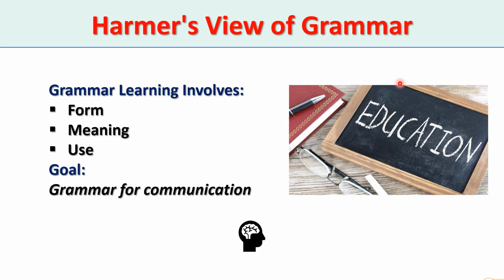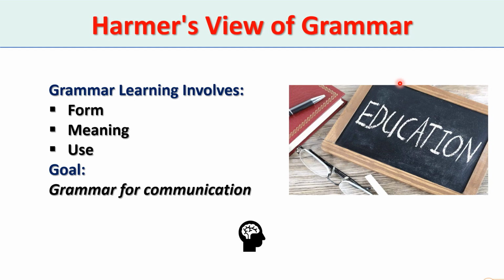The negative structure of present simple is subject plus do/does not plus base verb: the students do not read books. The question structure is do/does plus subject plus base verb: do the students read books? This is the structure. So that is the difference between form and structure.